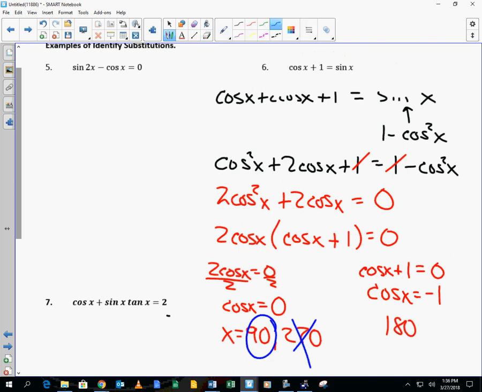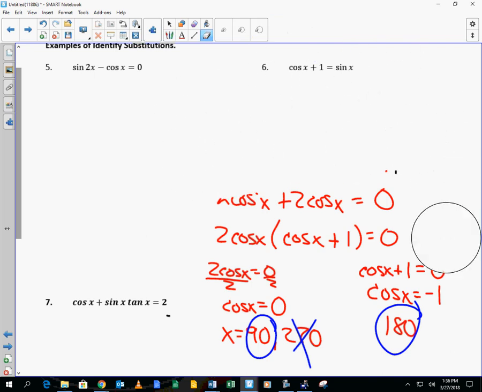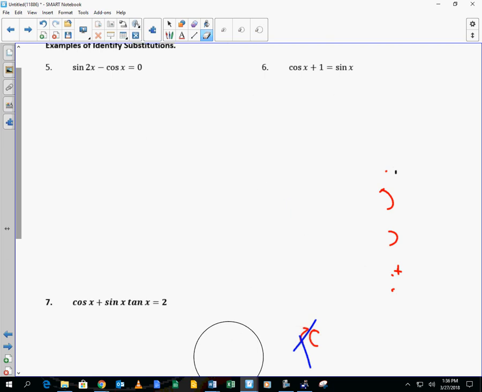Let's plug in 180. What's the cosine of 180, plus 1? And what's the sine of 180? So we have 90 and 180.